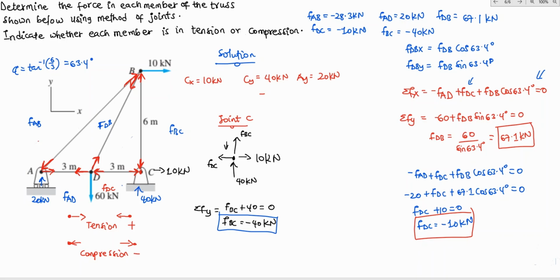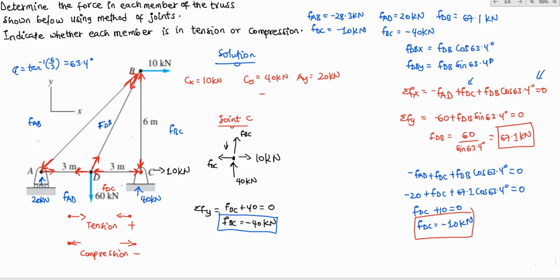So now let's determine which one of them are in tension and which one of them are in compression. From the explanation I made earlier on, you know that if the pin is in compression, that means the truss member is also going to be in compression, and if the pin is in tension, that means the truss member is also going to be in tension.